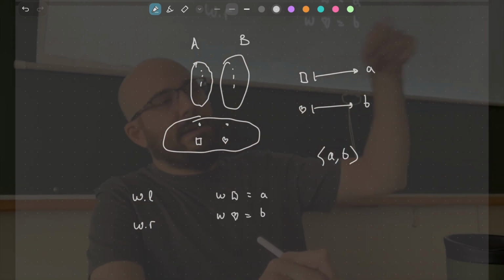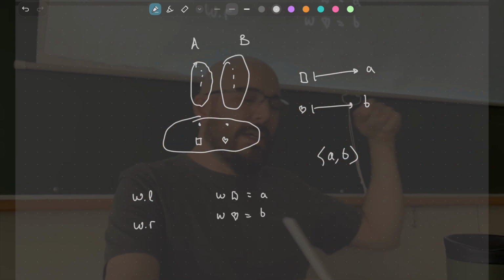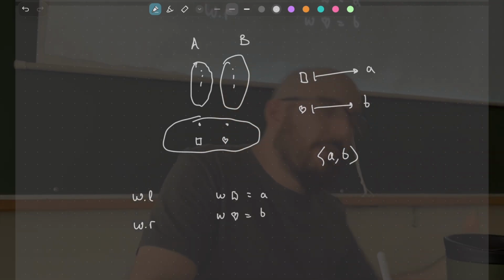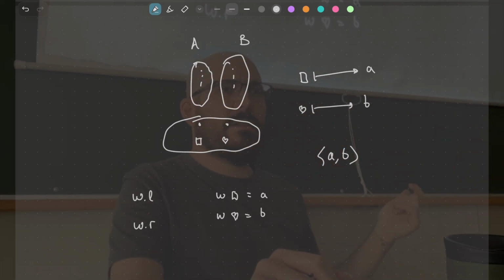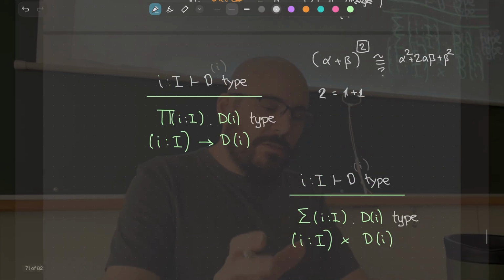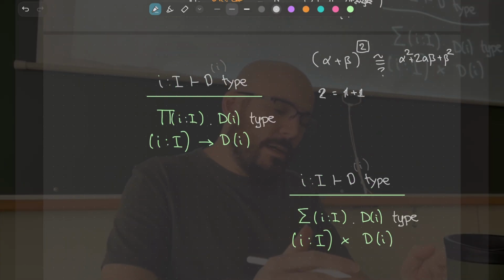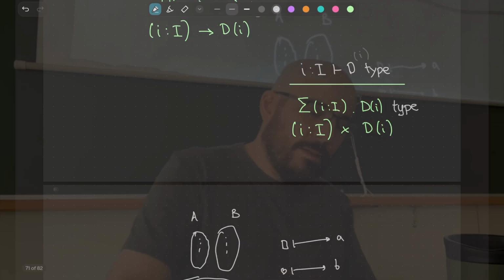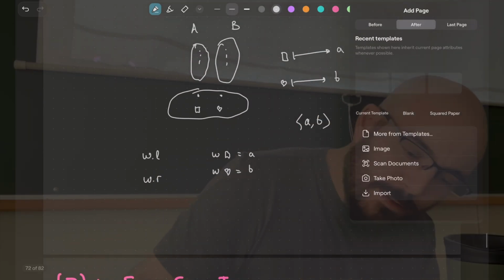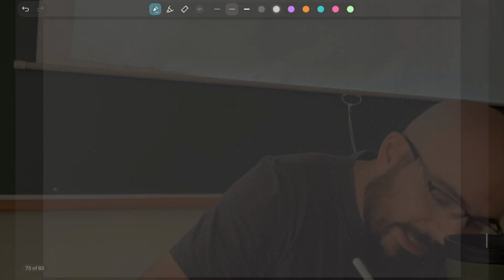You are getting the left projection, the right projection. Here you are getting the square projection or the heart projection. Make sense? Okay. So we have justified that binary products are a special case of P types.